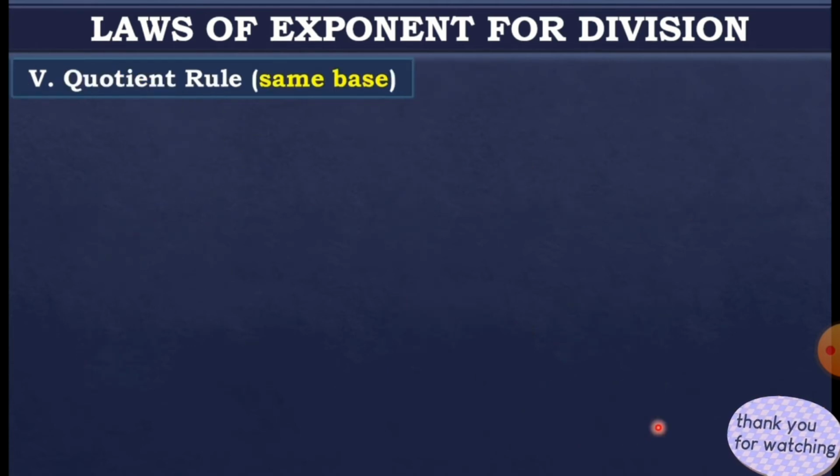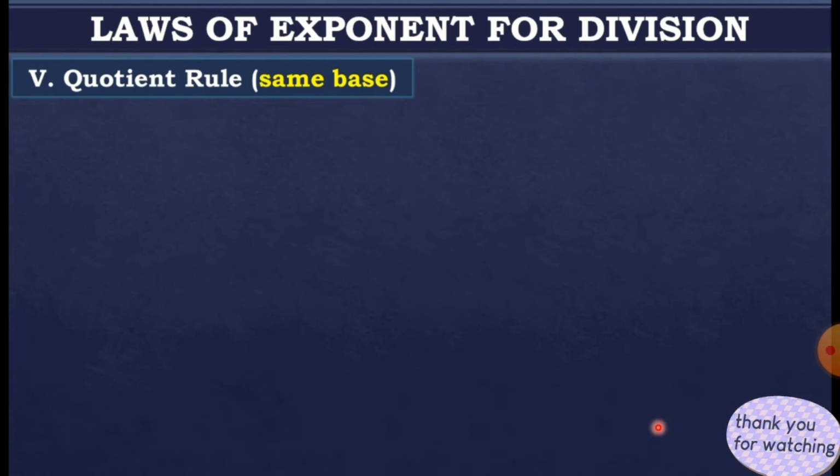Another law of exponent is what we call the quotient rule, specifically with the same base. So anong ibig sabihin nito? From the word quotient, so it's a division. So kapag we are dividing expressions, yung base na pareho, for example, parehong variable, then they have the exponents, we just simply subtract the exponents.